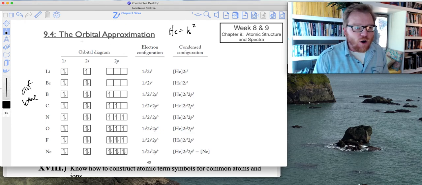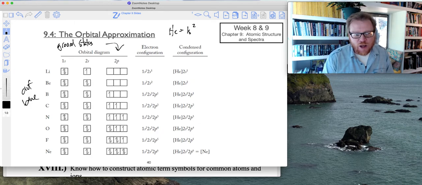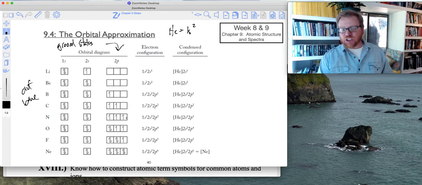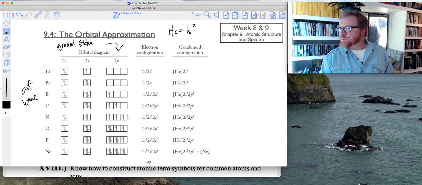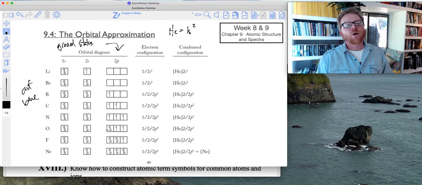So these are all ground states. When we go to nitrogen, we still have an open p subshell, so that electron will spread out into that open p subshell. Only when we get to oxygen, where we no longer have any open subshells available, will electron pairing begin.